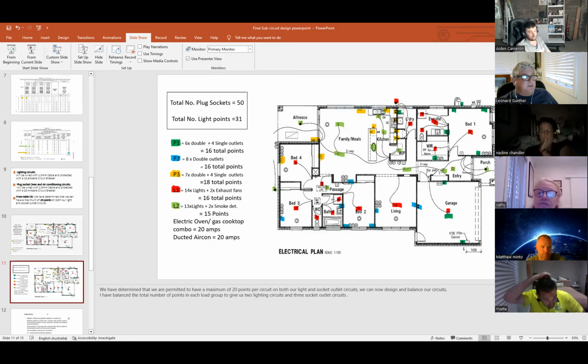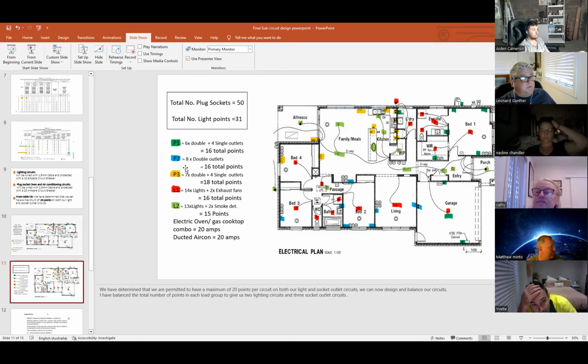So the apprentice has sat there, he's worked out his total number of points. He's got 3 power circuits, P1, P2, P3. And it says there on P1, he's got 6 double power points, 4 single outlets, which totals 16 points. So that's under his 20 points.